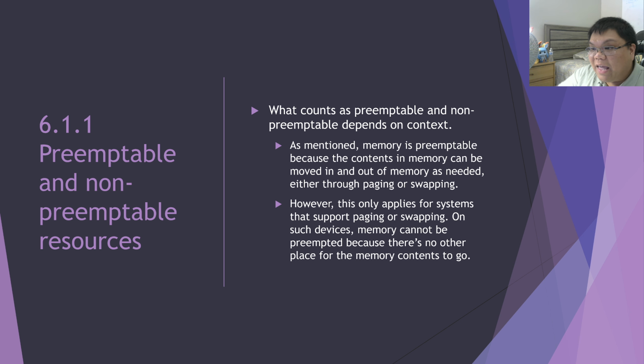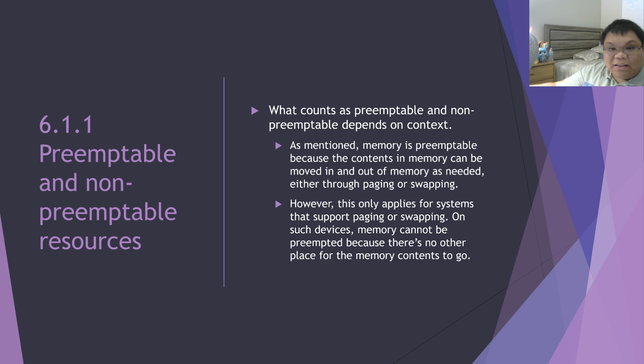What counts as preemptible and non-preemptible also depends on context. Memory is preemptible because we can swap an entire process and put it on the disk, or we can swap out pages of a process memory space and put that on the disk. But that assumes that the system is capable of paging or swapping. If a system cannot swap or page, then we cannot preempt memory because there's no other place for those memory contents to go.